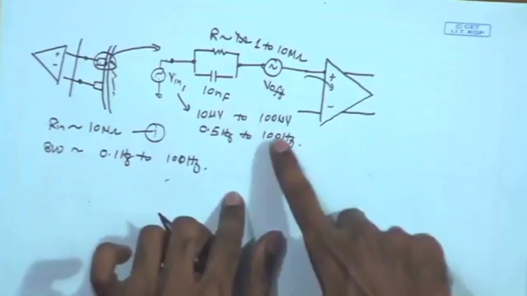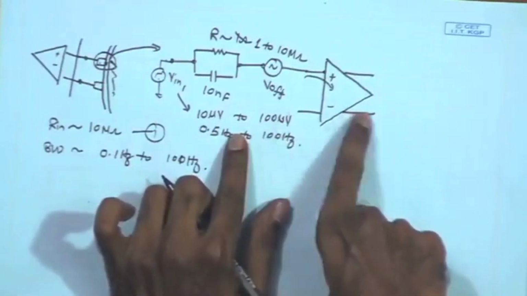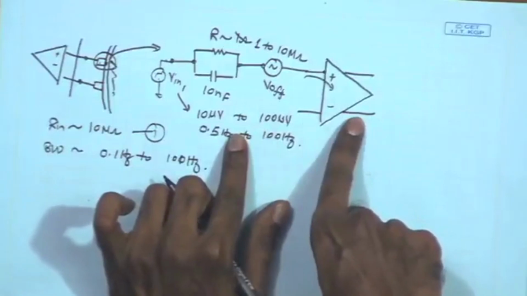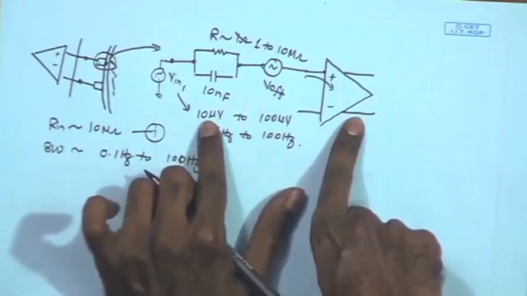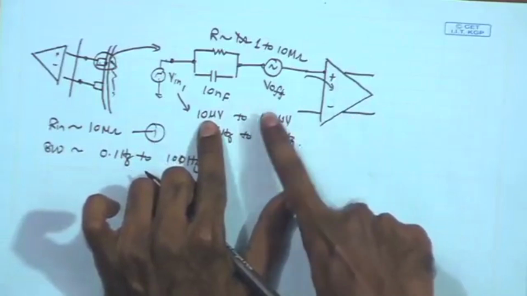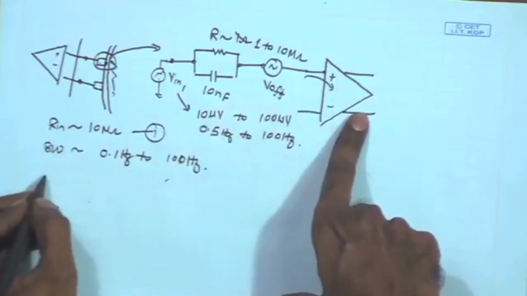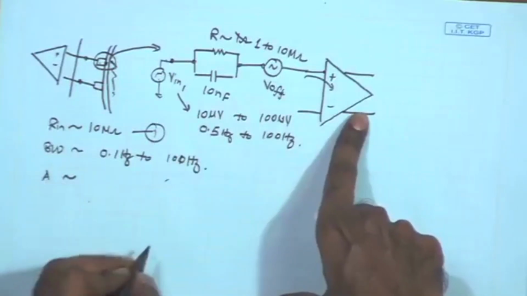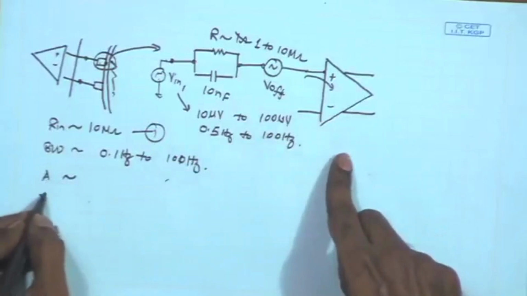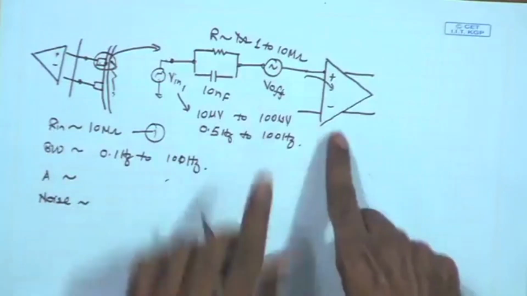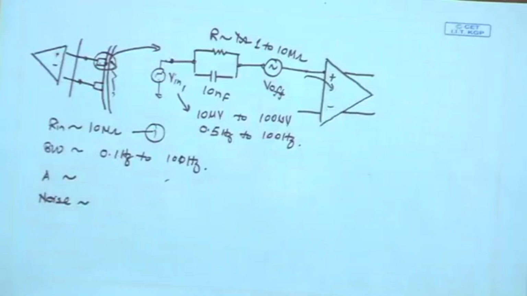Along with that, we also need to verify what is the gain requirement for the very first stage. So, if the input signal minimum value is around 10 microvolt, what is the gain required by the amplifier? So, we need to look at the gain. Also, we need to look at the noise, the equivalent noise of this amplifier.